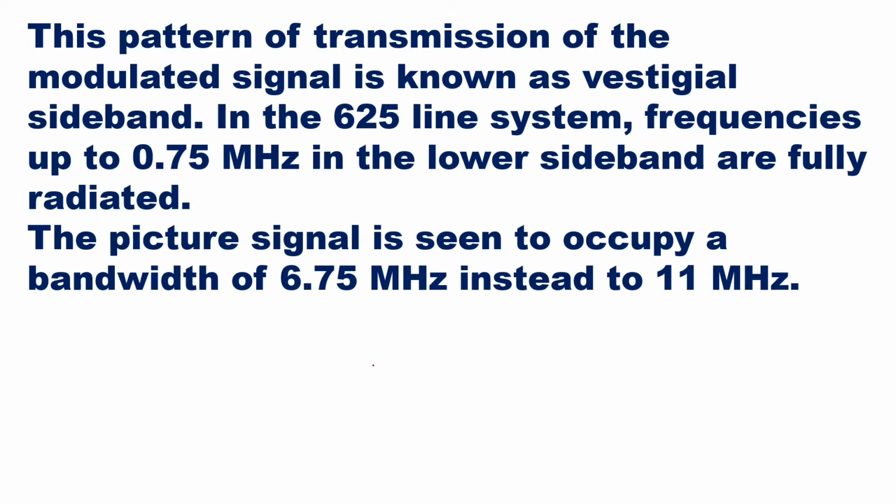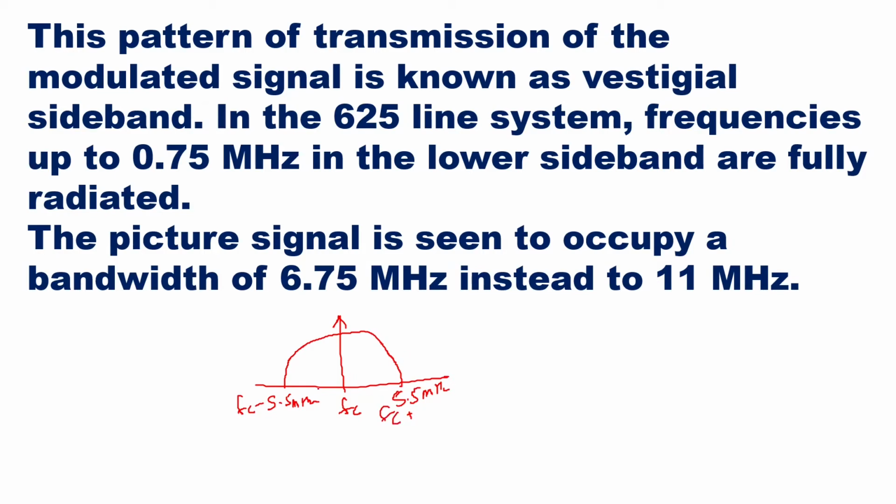That means what we are saying here is, say if you were transmitting double sideband, and this is our FC. Now this will be around 5.5 megahertz, and this will also be around 5.5 megahertz. So this is FC minus 5.5 megahertz, and this is FC plus 5.5 megahertz.